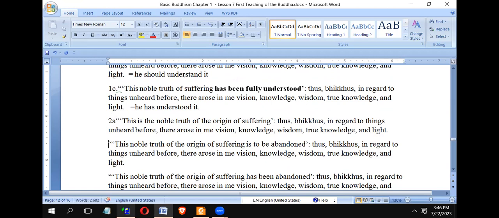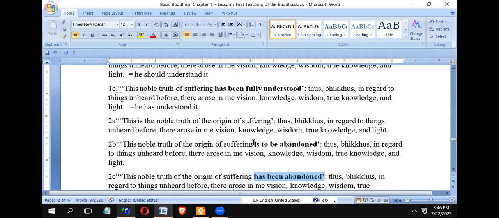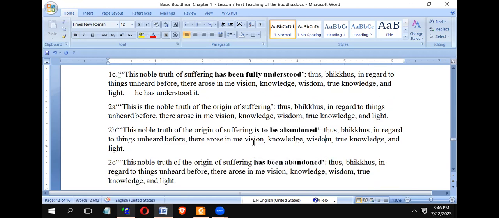2A, 2B, and 2C. This noble truth of the origin is also the same. You have the first statement: this is the noble truth of origin of suffering. Is to be abandoned. Has been abandoned. Right? So it's the same thing.